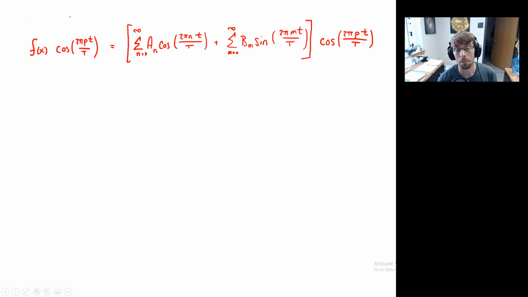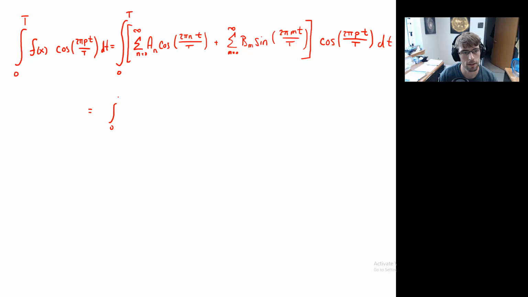Not only can I multiply both left and right sides of the equation, but the other thing I'm going to do is integrate. And that is the secret sauce right there. We'll integrate from 0 to T, and we're integrating over time. Because I'm multiplying, I can distribute that.